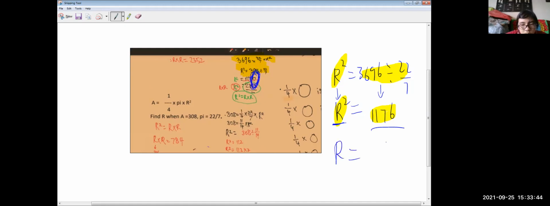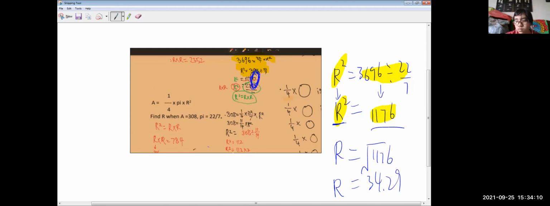So R is equal to the square root of 1176. So what's the answer? 34.29. Okay, good. R is equal to 34.29.